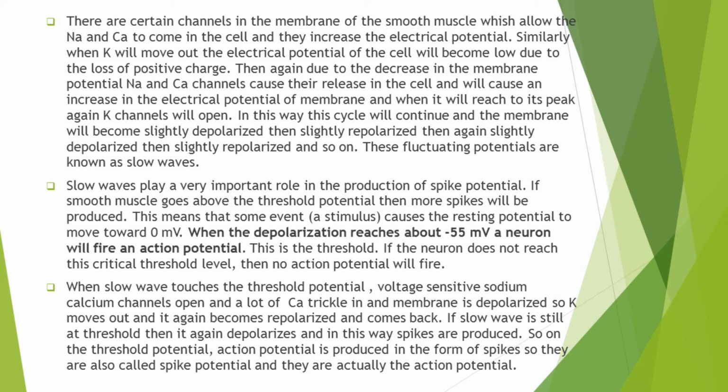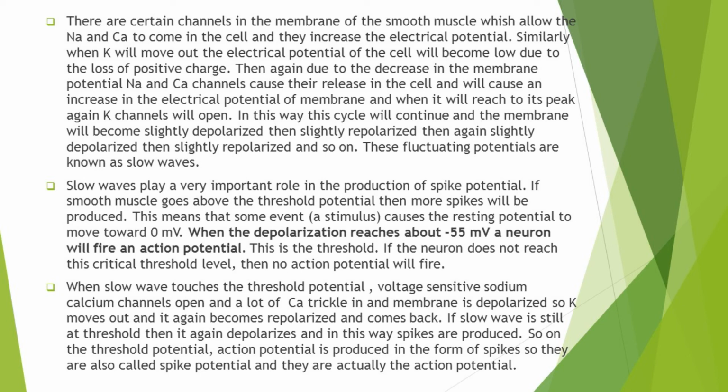So in this way the action potential is produced in the form of spikes, and that's why it is known as spike potential. Now we are very clear that slow waves play a very important role in the production of this spike potential. There are actually two types of contractions that occur in the gastrointestinal muscles: tonic contractions and phasic contractions.